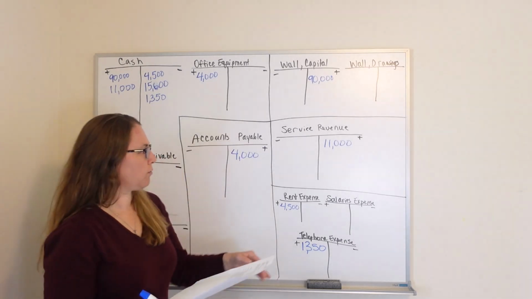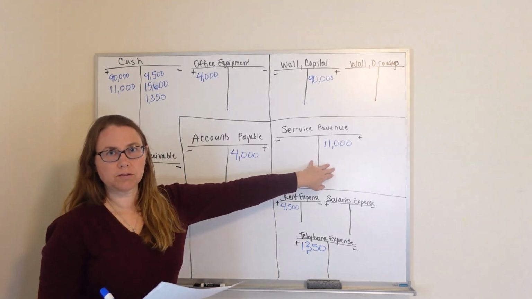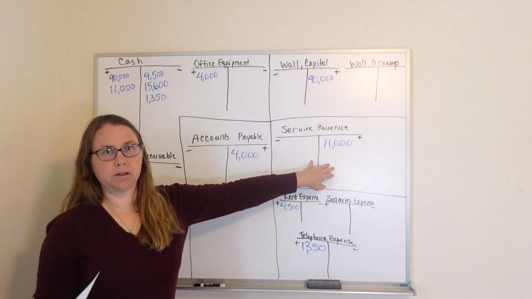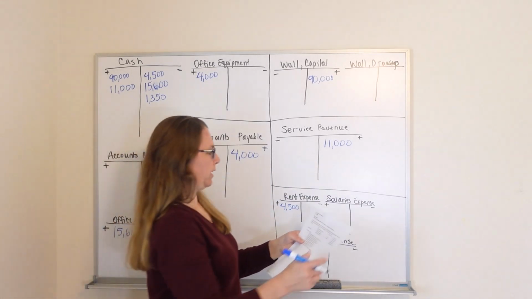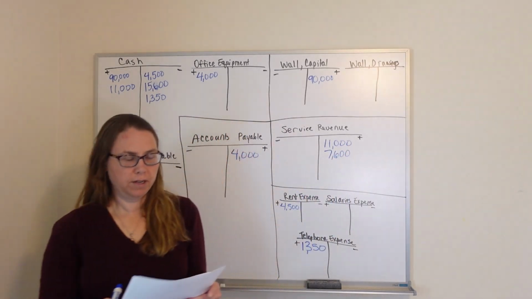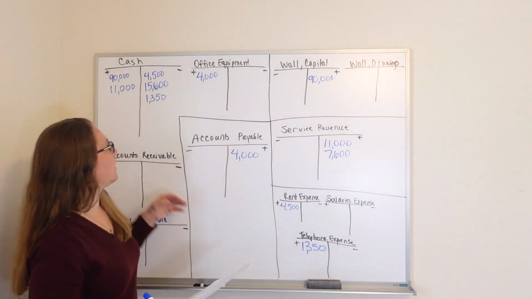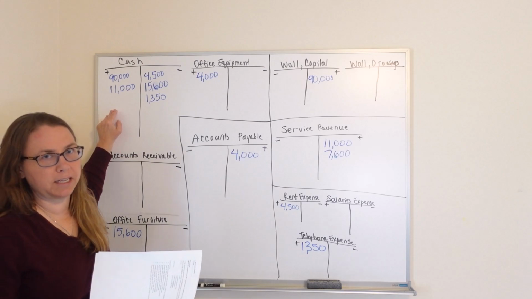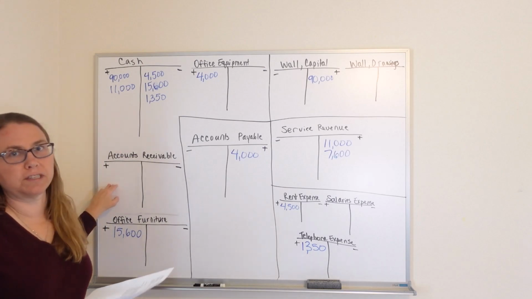They're gonna record the revenue they earned, because whether they got the money or not, they did earn the money. So we're gonna credit to add to service revenue, but we're not gonna debit cash because we haven't gotten the money yet. We're gonna debit accounts receivable.